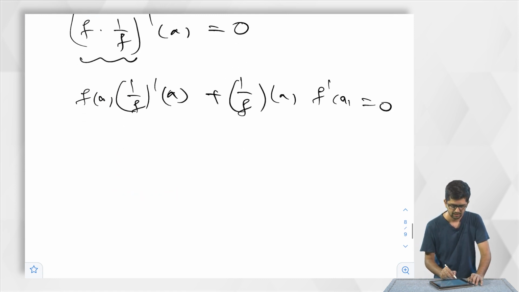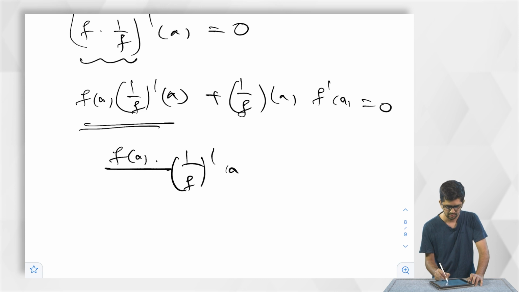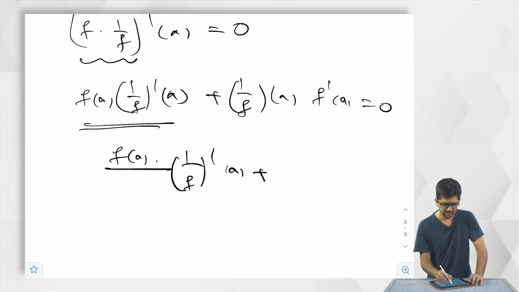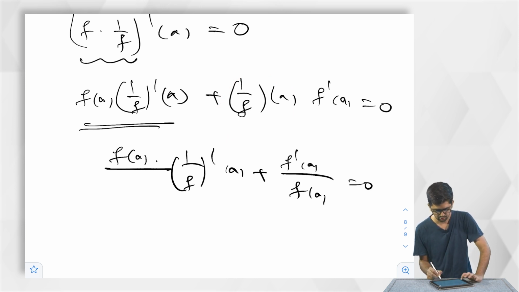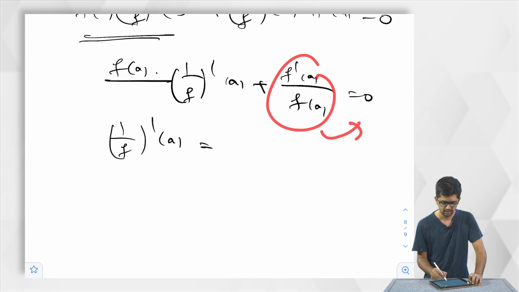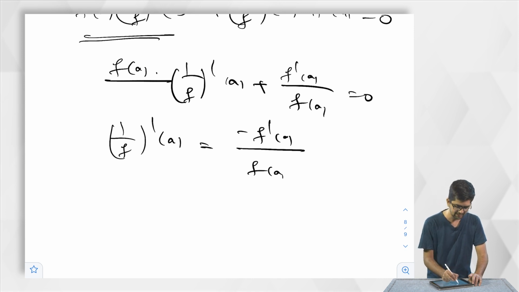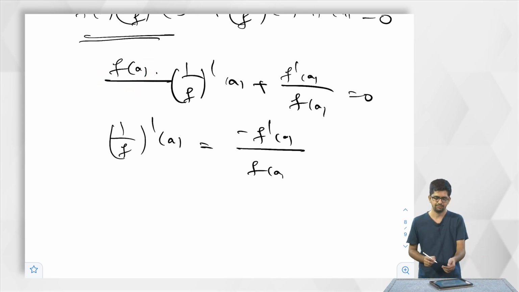So now this is f of a times the derivative of 1 by f at a, plus 1 by f of a times f dash of a, which equals 0. So the derivative of 1 by f at a is equal to, moving this over, minus f dash of a by f of a, and there is an f of a component multiplying.